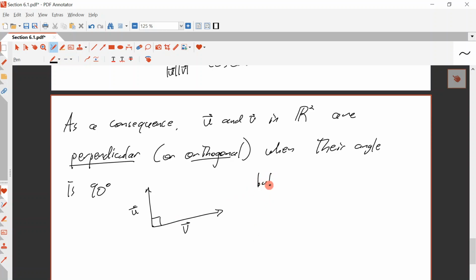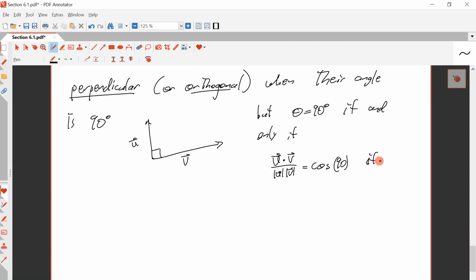But this angle theta is 90 degrees if and only if u dot v over length u length v is equal to cosine of 90, if and only if u dot v over length u length v is times 0.